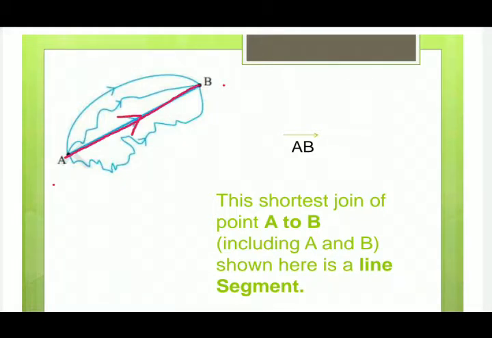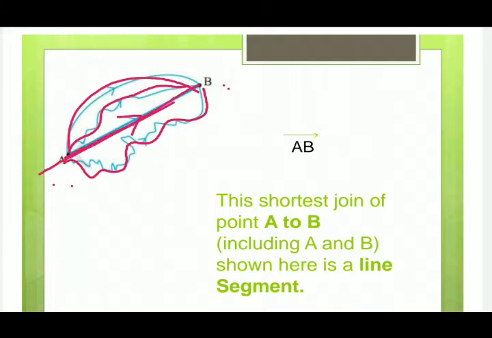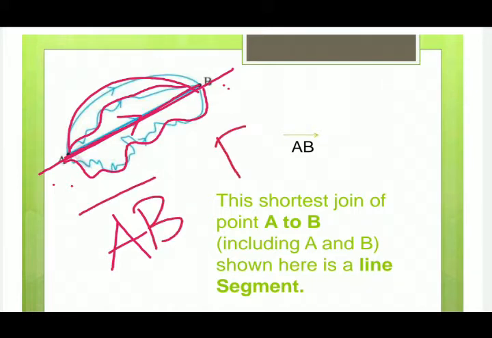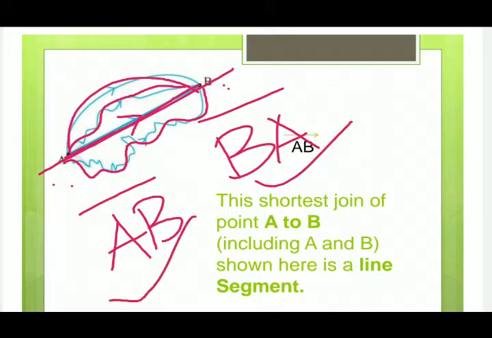So if you are standing at A and want to go to point B, then there are many ways. Here one way is there, another way is over here and other way is over here. But the shortest one is the straight line you can see. So this AB can be denoted as AB like this also or BA. Both are correct.